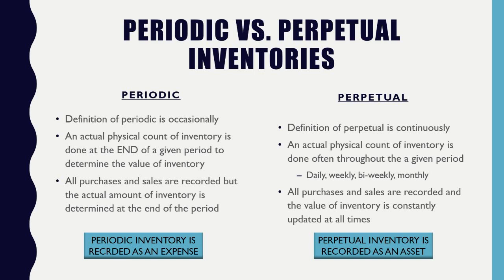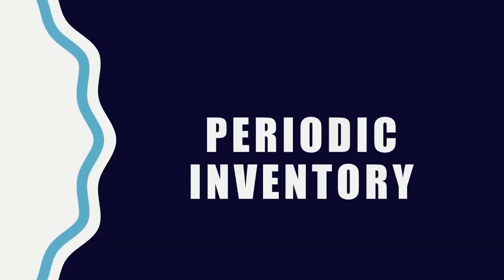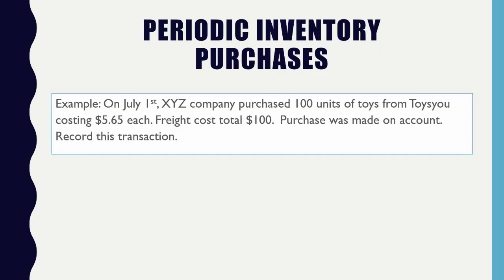No. Okay. All right. So let's actually dive into periodic inventory, okay? So now that we know that, since we're going to be focusing on periodic inventory for chapter 5 and chapter 6, now let's actually take a look at how we actually purchase our periodic inventory, okay?